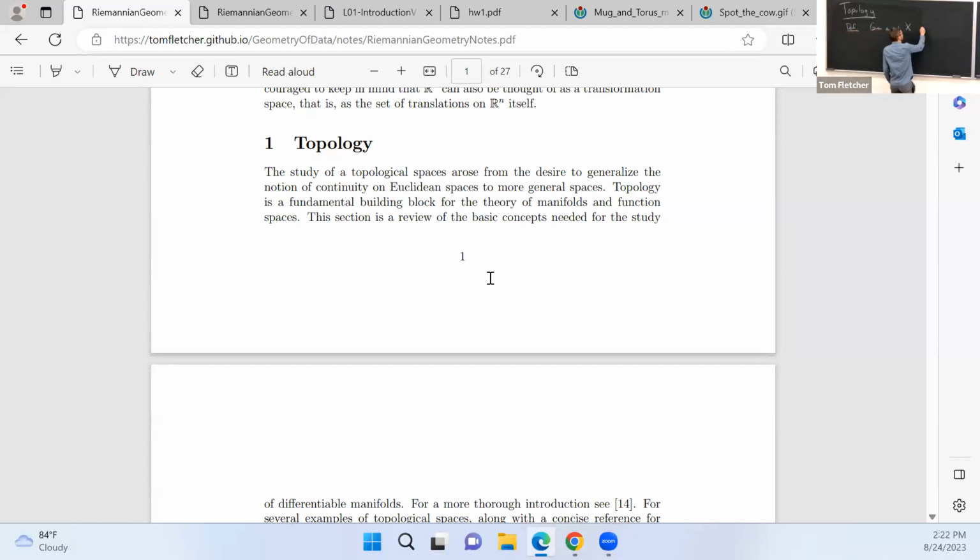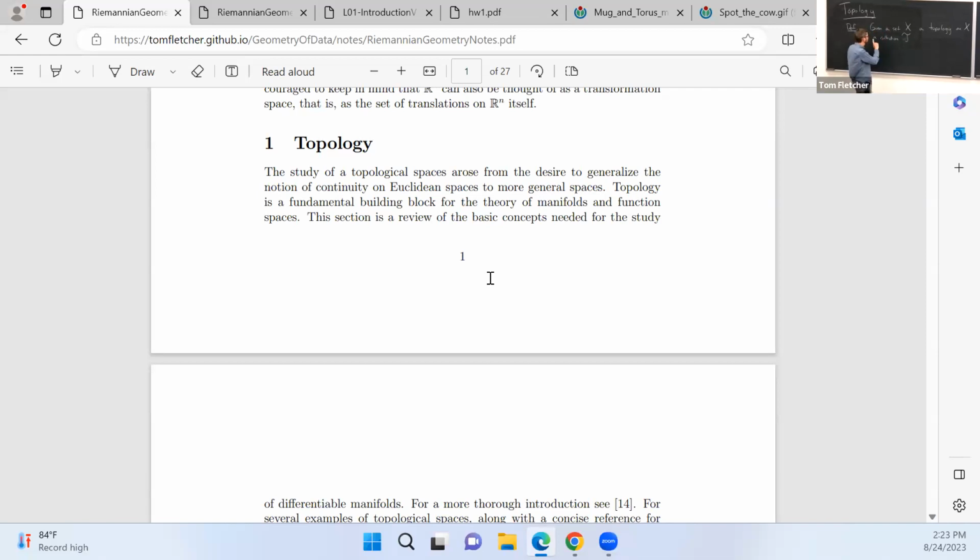Then a topology on X is a collection of subsets of X. We're going to give that a letter, typically in the notes, a script T for topology.